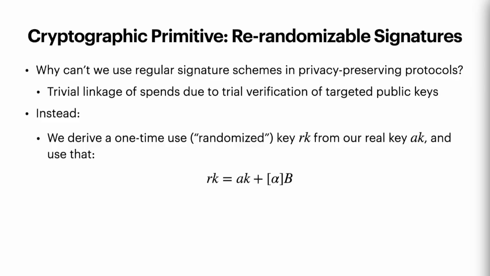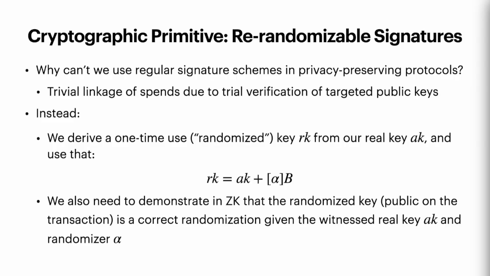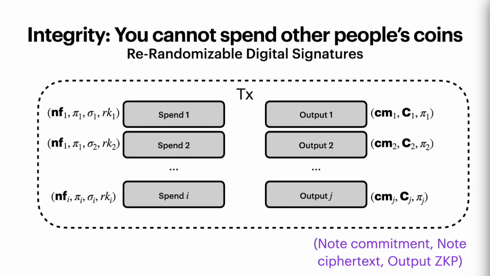So we're going to calculate RK from the real key plus some randomizing factor alpha times a point. We're going to need to demonstrate inside our proofs that the randomized key, which is public on the transaction, is a correct randomization given the witnessed real key, AK, which we keep private, and the randomizer alpha, which we'll also keep private, and then B is just something that we'll set.